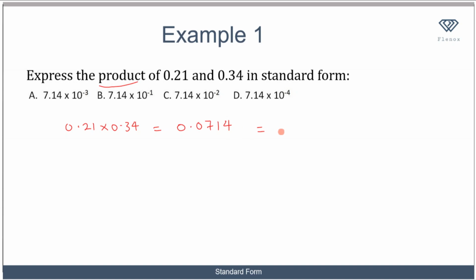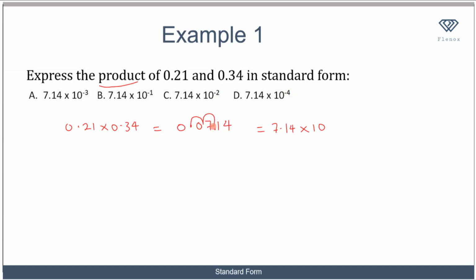The goal is to have a number that is between 1 and 10, and that means I have to shift the decimal point from here towards here, so that when I shift it here I'll have 7.14, which is between 1 and 10. So I have 7.14 times 10 to the power of, how many times did I shift it? I shifted it 2 times.